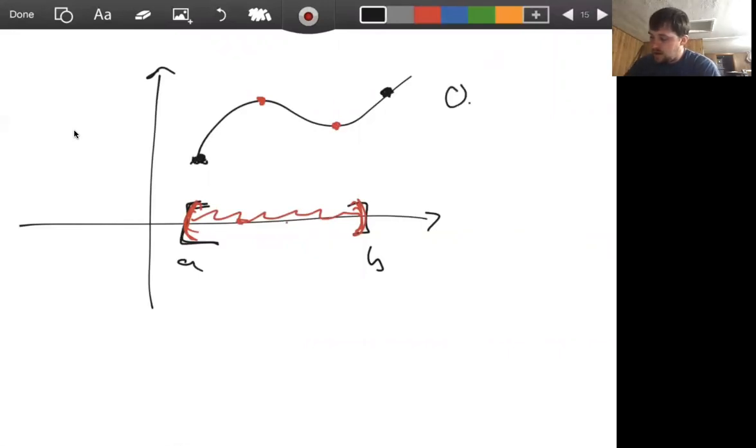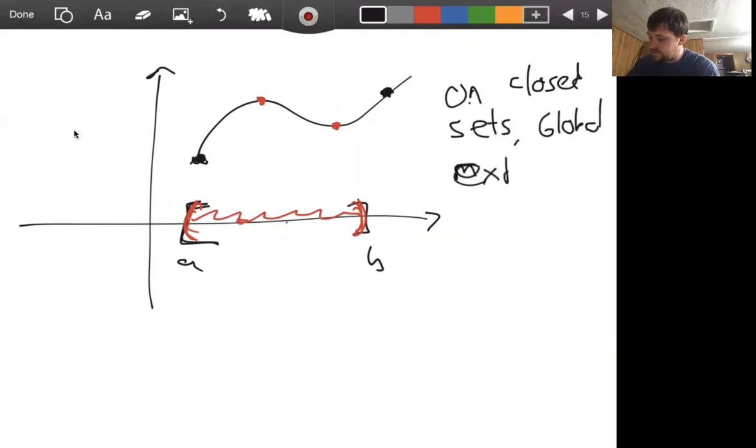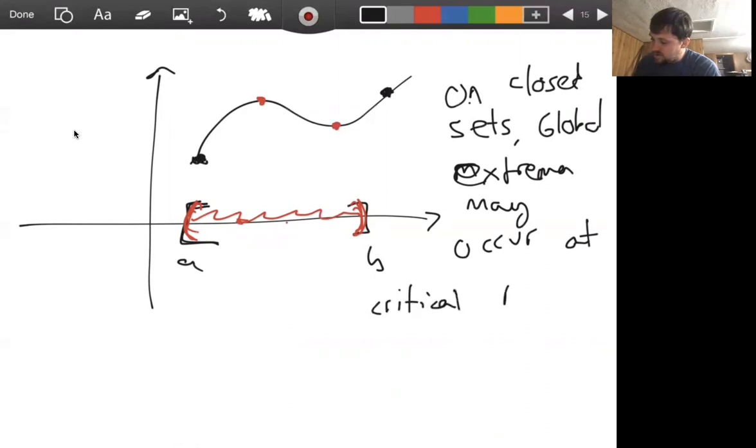So on closed sets, global extrema may occur at critical points of f or endpoints.